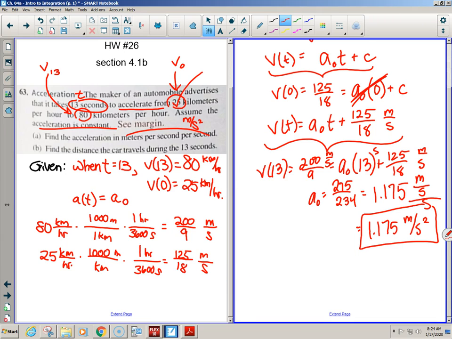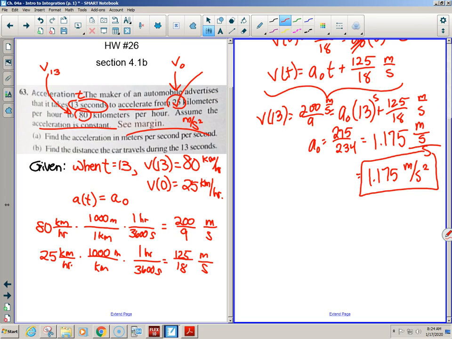And the distance. Distance? I can't stick with acceleration and velocity. I need to go to position. And how do I go to position if I know velocity? Integrate. So I have up here my, oh, I have it now. 275 all over 234t plus 125 all over 18.